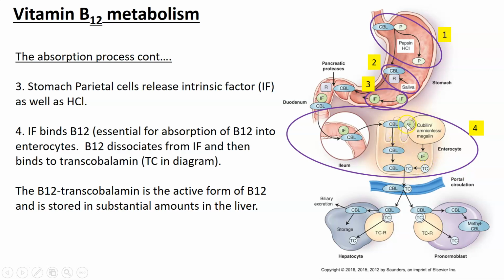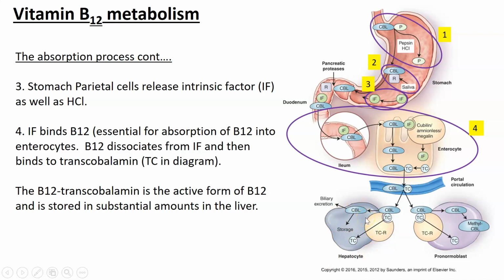So intrinsic factor detaches from vitamin B12, and vitamin B12 is then free to bind to transcobalamin. This vitamin B12 complex with transcobalamin then enters the blood circulation and eventually gets to the liver where it's stored. You can have large quantities of vitamin B12 stored in the liver.